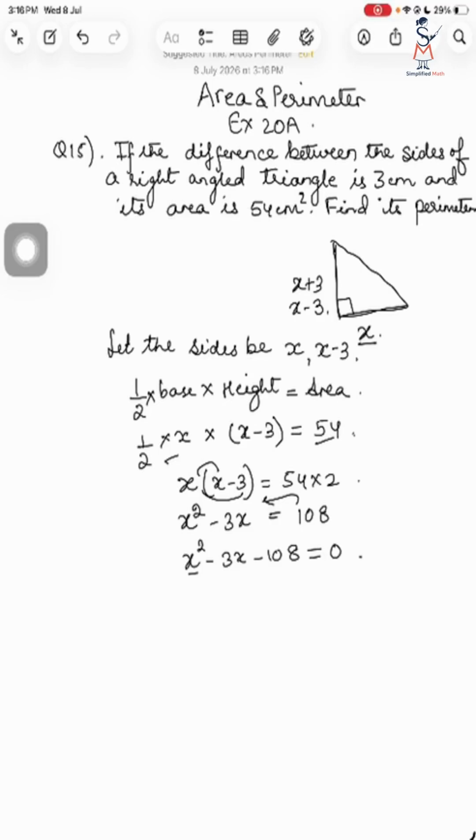So now how is the quadratic equation solved? What we do, we find those factors of 108 which, when added or subtracted, should give me minus 3. That means I have to split minus 3 in such a way that when I multiply those terms, I should get minus 108, right?